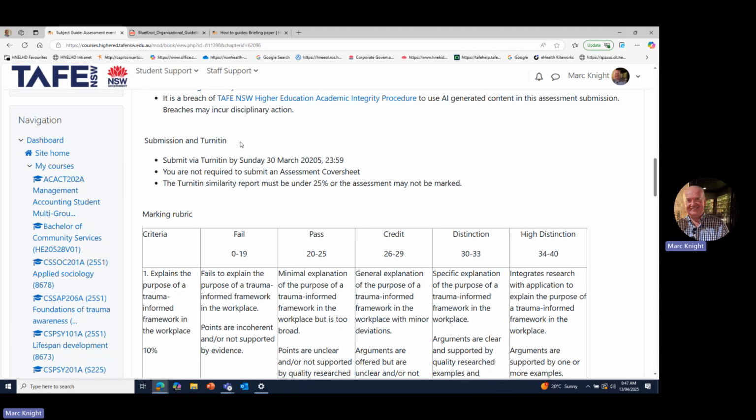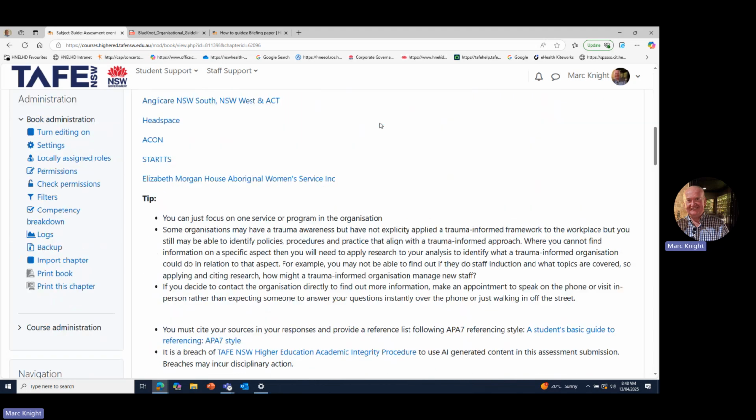There was some leniency in assessment 2, for obvious reasons, that we discovered a hiccup and that you hadn't been provided with as much information as you needed to be provided with. So there was some leniency in terms of the way that I marked. So everybody received a pretty reasonable mark. But this assessment's a different kettle of fish. You've got the information, you need to be able to do it, and your marks will reflect what the expectations are.